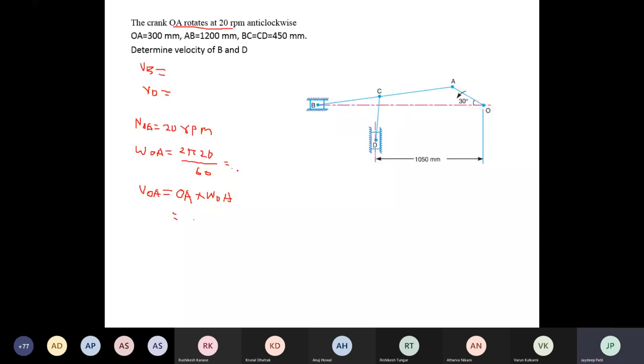You will get 2 pi N upon 60, which is 2.1 radian per second, and velocity OA is 0.63 meter per second.